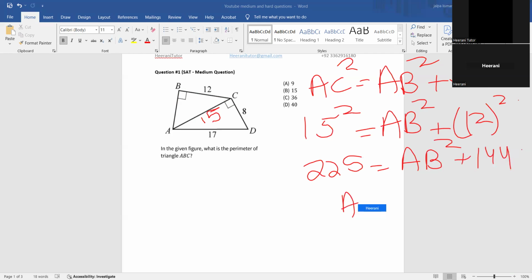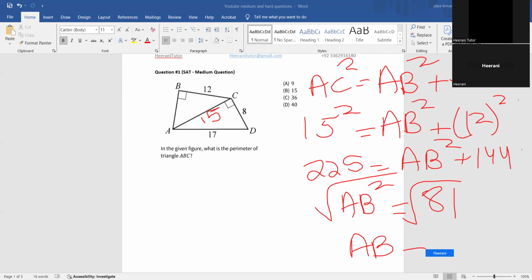That gives us AB square is equal to 225 minus 144, which gives us 81. Now we just take the square root of it and we will get AB is equal to 9. So we know the length of each side now.